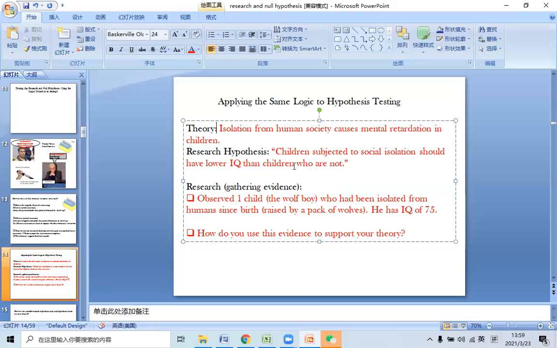This is one of the hypotheses you can come up with. This is something you can potentially observe.